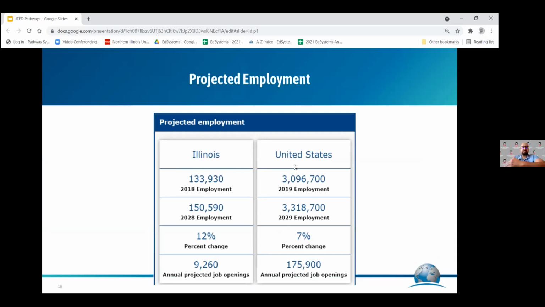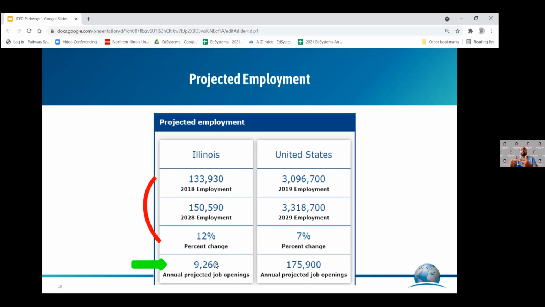So the United States projected employment, but the statewide projected employment, you'll see the 12% change over time and the annual job openings, right? One thing I want to note is that if you were to calculate a 12% increase from 133 to 150,000, that's not 9,000 openings. What is actually happening is these are the annual openings, right?